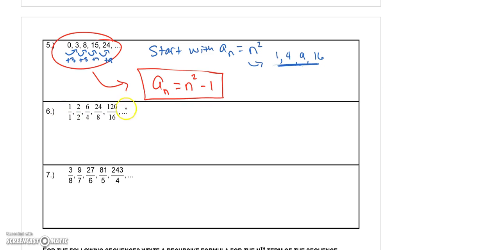Number 6, numerator. This is my factorial pattern, right? 1, 2, 6, 24, 120. So an equals my factorial pattern. Denominator, that looks geometric, right? First term 1, r value of 2.